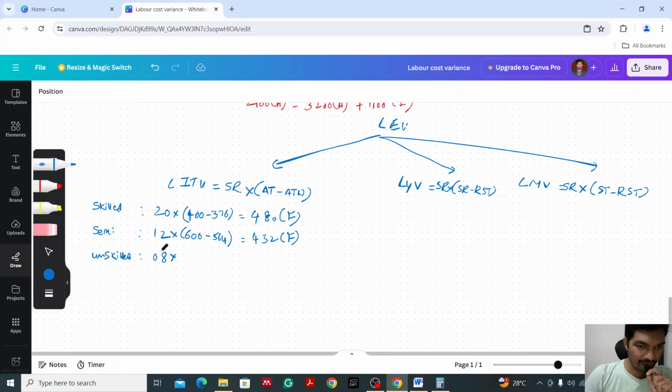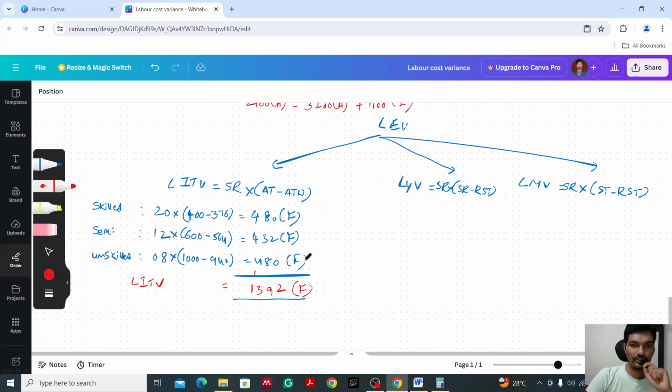And next one, the total actual time is 1000 minus actual time worked 940, 60, we are getting a positive value of 480. The total result, labor idle time variance is equal to 1392 in favor.